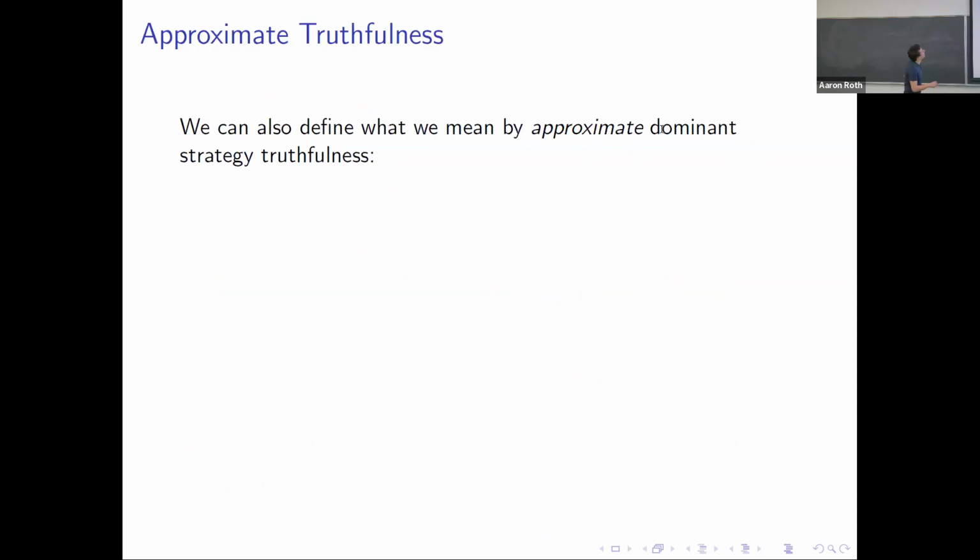But for us, we're not interested in privacy. We're interested in using this to design approximately truthful mechanisms. And so I want to think about what we mean by approximate dominant strategy truthfulness and what the connection between approximate dominant strategy truthfulness and this notion of differential privacy is going to be.